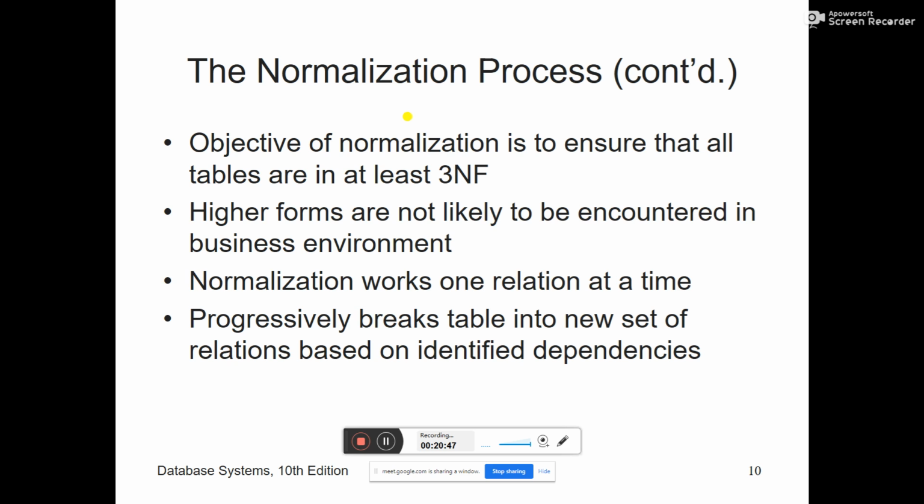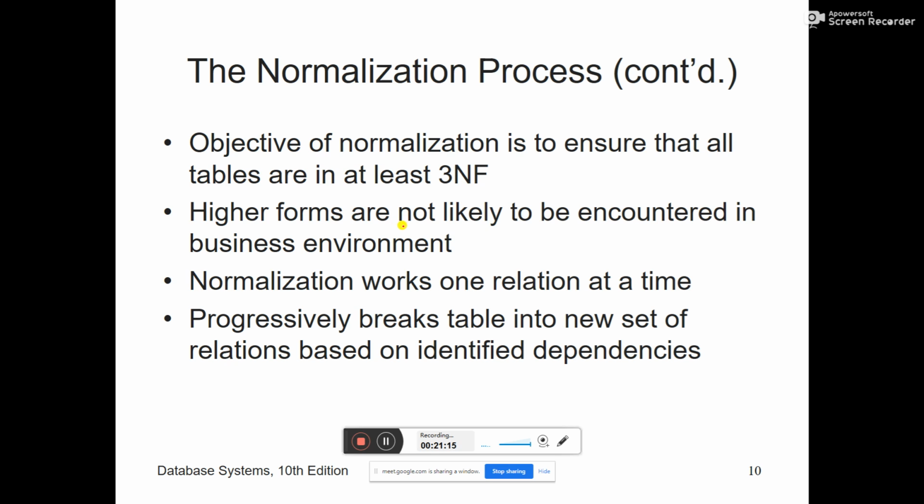So the normalization process starts by identifying the dependencies of a given table or relation, and then we will progressively break up the relation. Breaking up the relation means we will create multiple new tables from that table based on our identified dependencies.